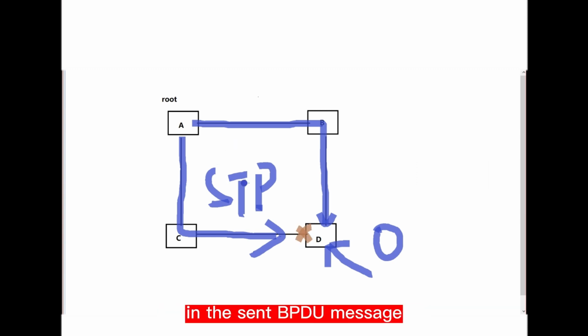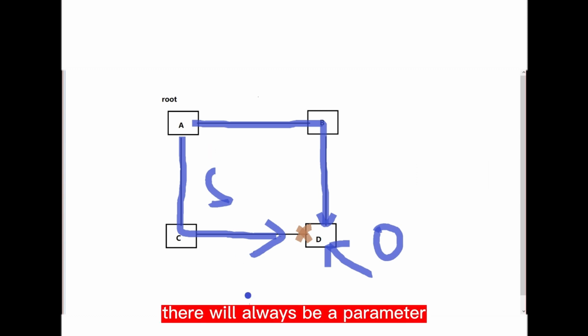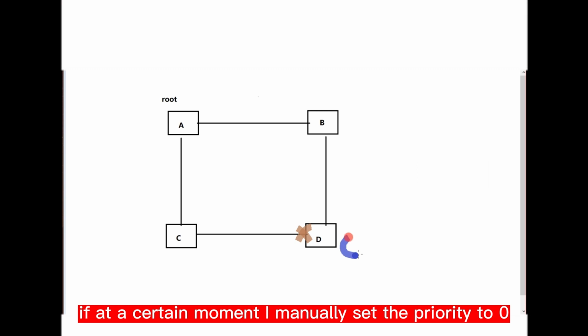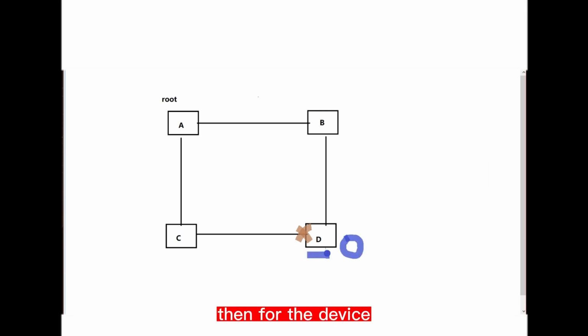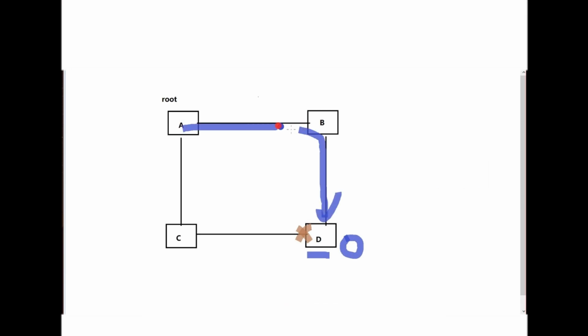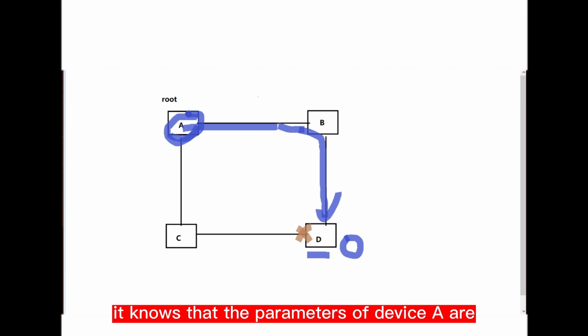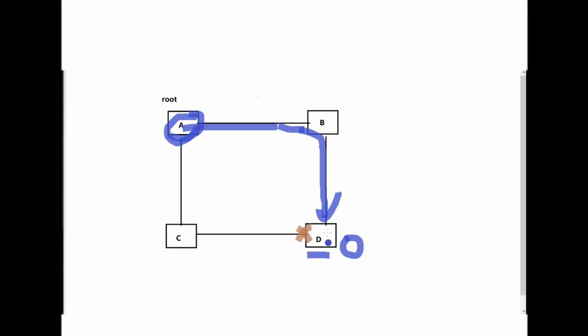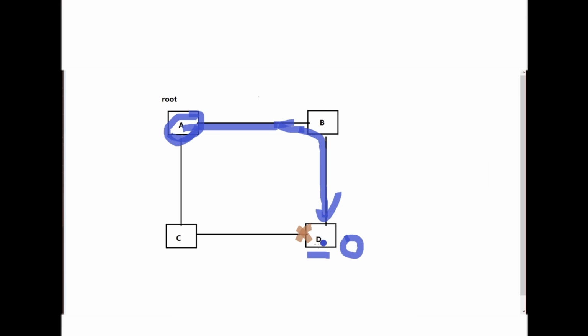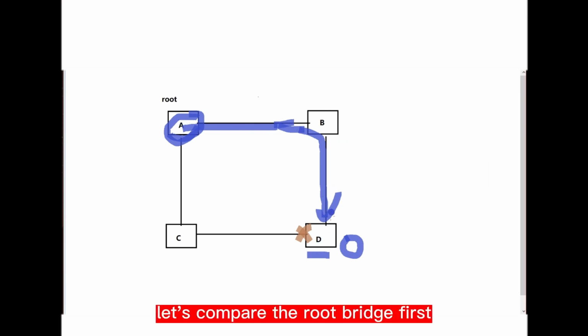In the BPDU message sent, there is always a parameter filled with the root ID. If at a certain moment I manually set the priority to 0, then the device, on receiving the incoming message, knows that the parameters of device A are not as good as its own. I just told you the root bridge is preemptible. Let's compare the root bridge first.